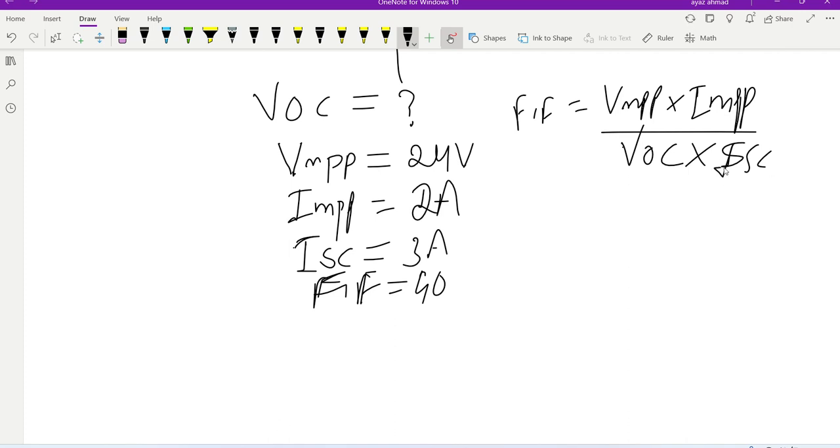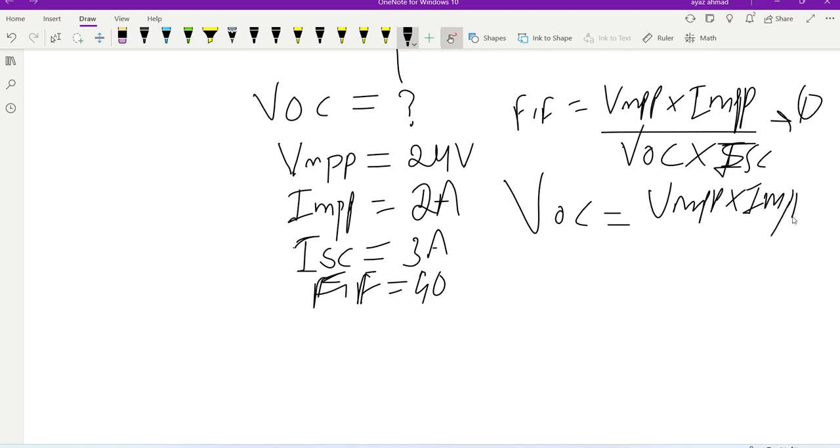Now we have to rearrange this formula. So open circuit voltage VOC will come out here, and VOC equals VMPP multiplied by IMPP divided by fill factor multiplied by ISC.